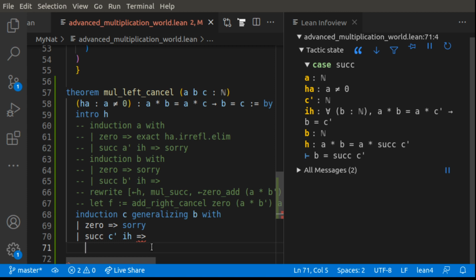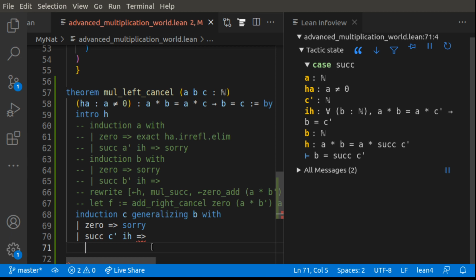Okay, so now we have A, C prime, B. And then we have HA, which is A does not equal 0. We have H, which we had before, A times B equals A times successor of C prime. We have our goal, B equals successor of C prime.